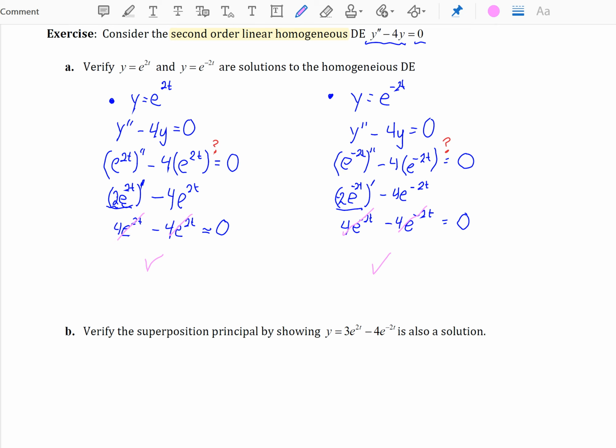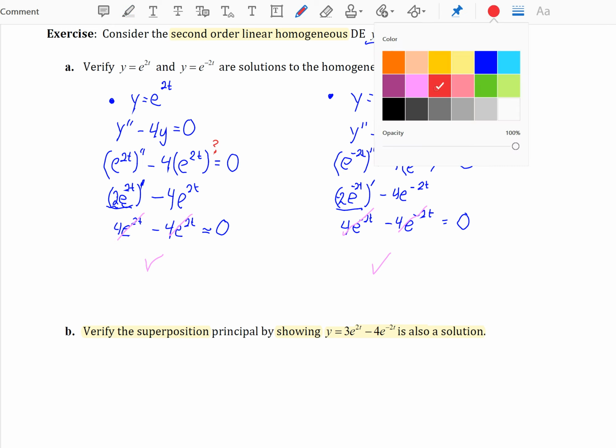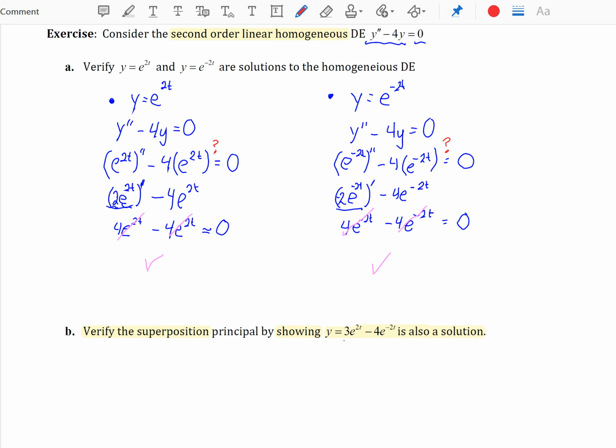Now we would like to verify the superposition principle by showing that this linear combination is also a solution. When I wrote this linear combination, there was no particular reason why I chose the 3 and the -4. I just wanted to create a linear combination, so some multiple of e to the 2t, our first homogeneous solution, and some multiple of e to the -2t, our second homogeneous solution.